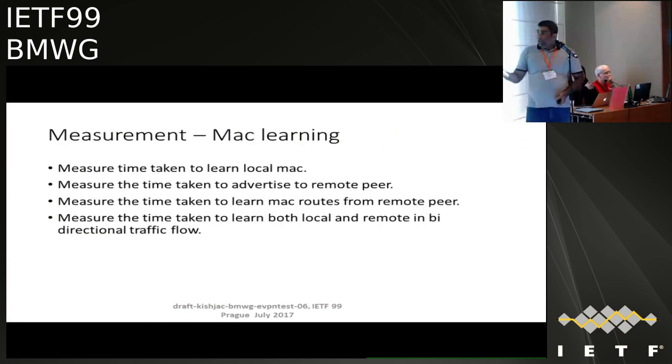So it's the MAC learning. What we do is there are different types: local learning and remote learning. When the MAC is sent from one direction, that is local learning.